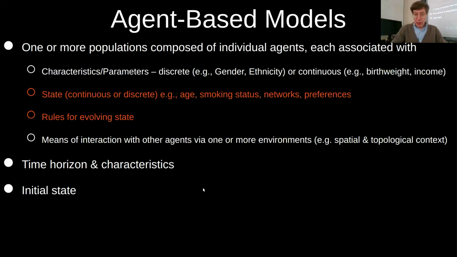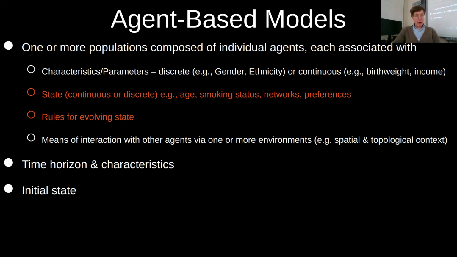Okay. Class members will recall that agent-based models are defined by a set of characteristics. One of the most central of those characteristics is the fact that we have one or more populations composed of individuated agents, individuated individuals who are in some sense autonomous.